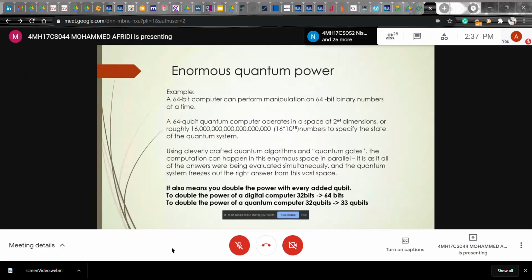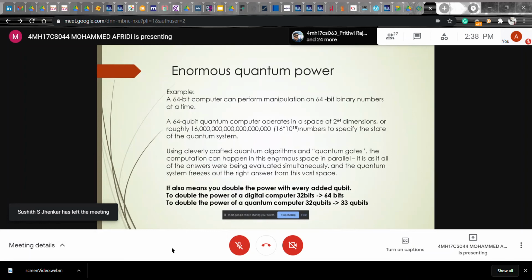For example, a 64-bit computer can perform manipulation of 64-bit binary numbers at a time, but a 64-qubit quantum computer operates in 2 to the power of 64 dimensions, or about 16 times 10 to the power of 18 numbers, to specify the states of the quantum system. Here, we have to create new algorithms because a quantum computer cannot work on existing algorithms.